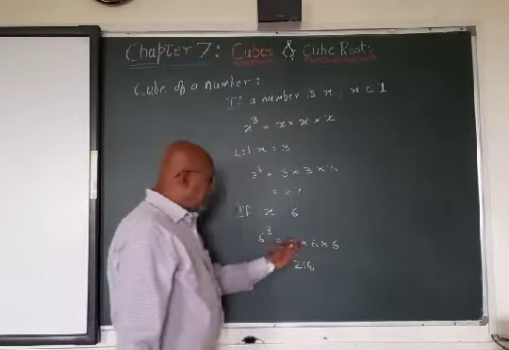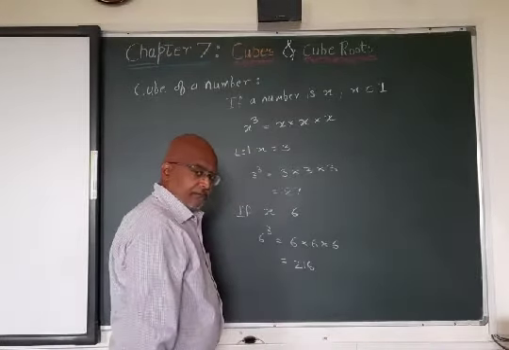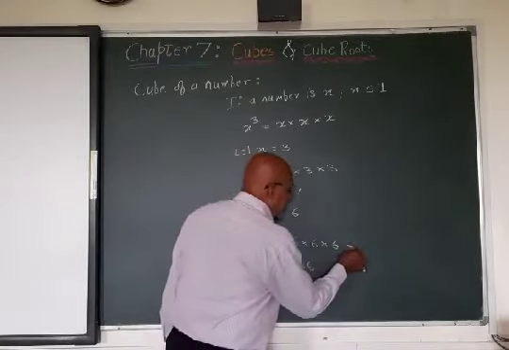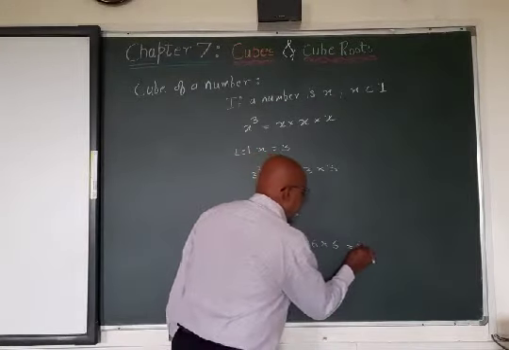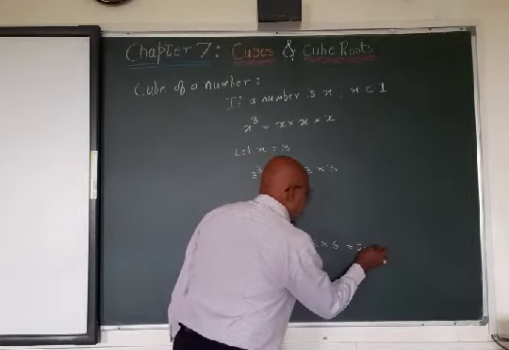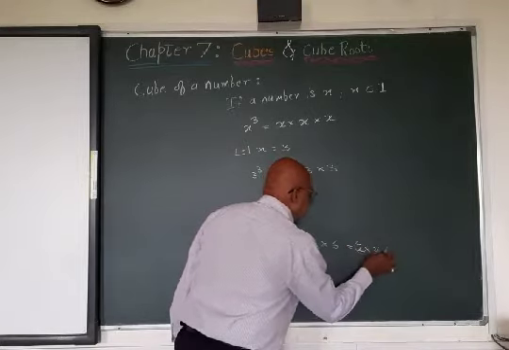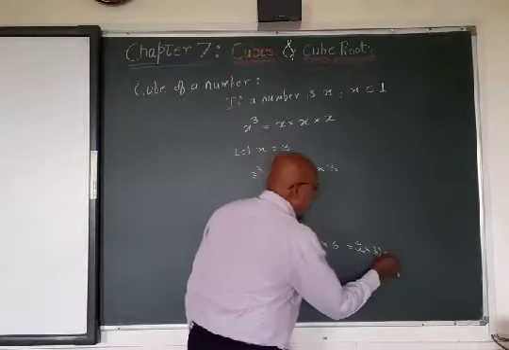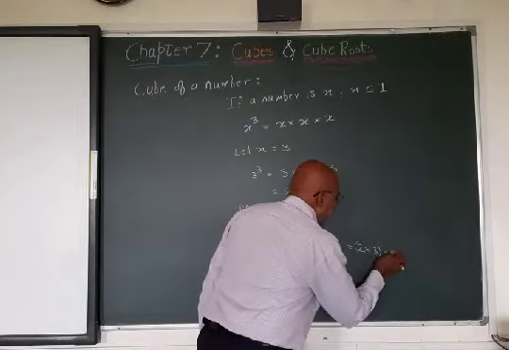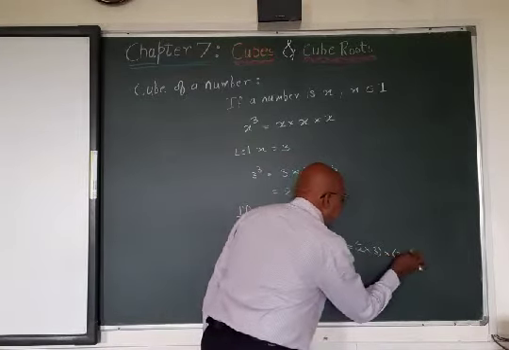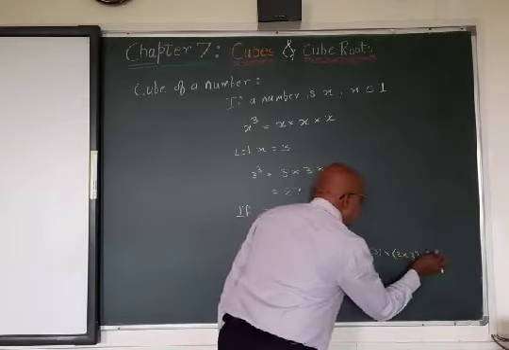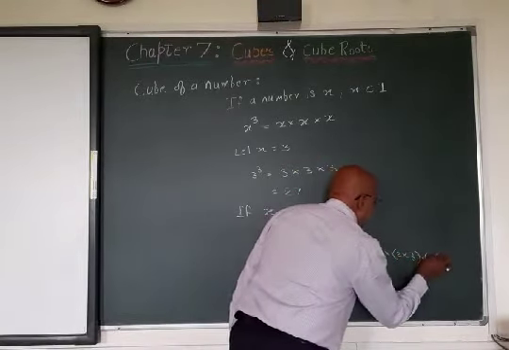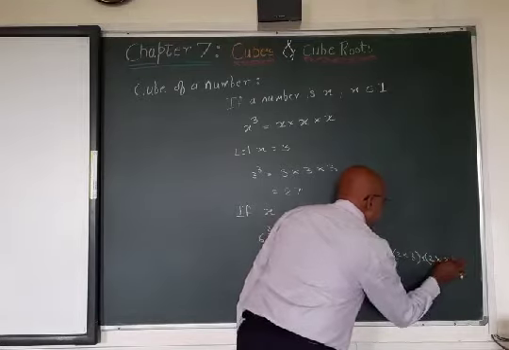Now if we take the prime factorization of this, you can write this as 2 into 3, because 6's factors are 2 into 3, into 2 into 3, into 2 into 3.